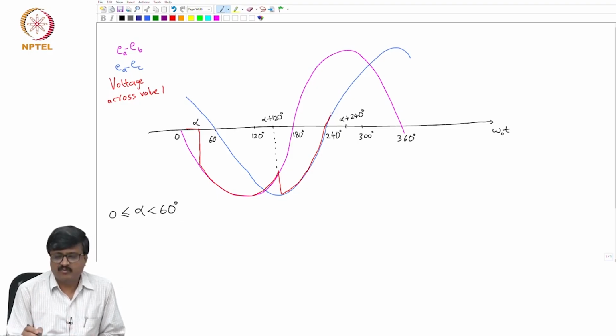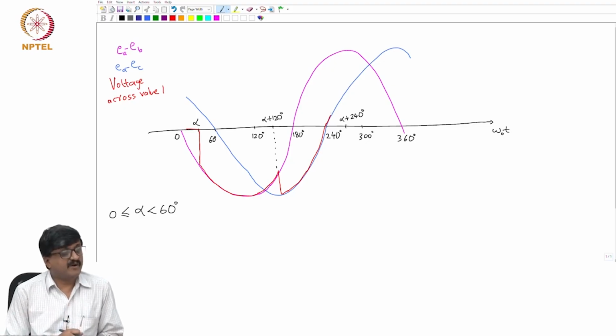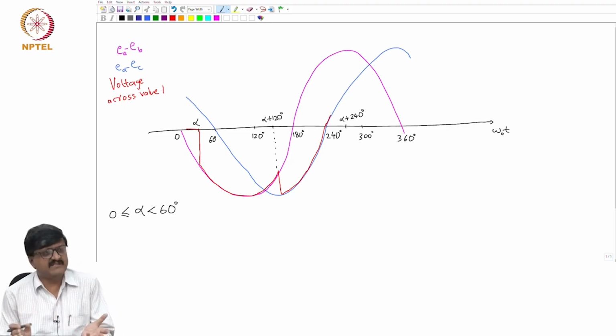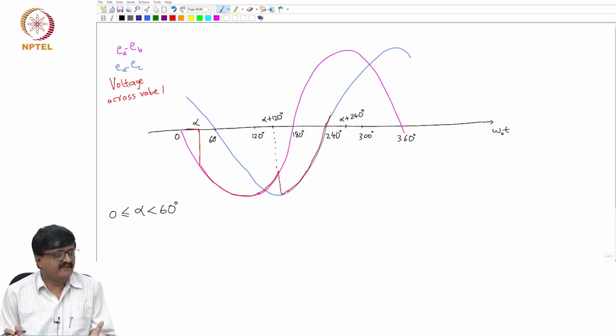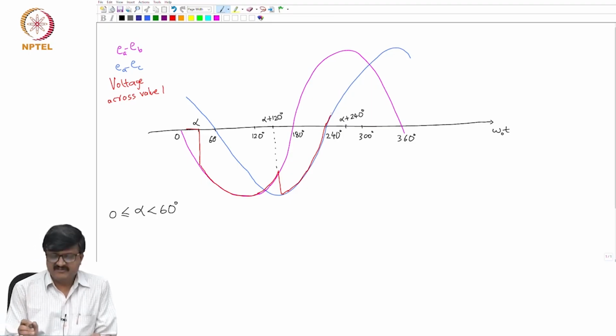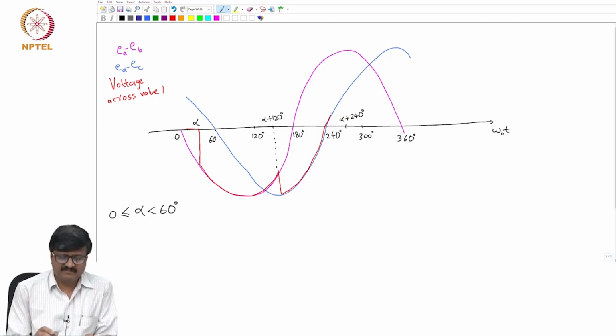What is the value of the commutation margin angle? The commutation margin angle is the actual value of the angle for which the voltage across valve 1 is negative. This duration is decided by the zero crossing of EA minus EC. In the previous case, when alpha is greater than 60, it was decided by the zero crossing of EA minus EB.